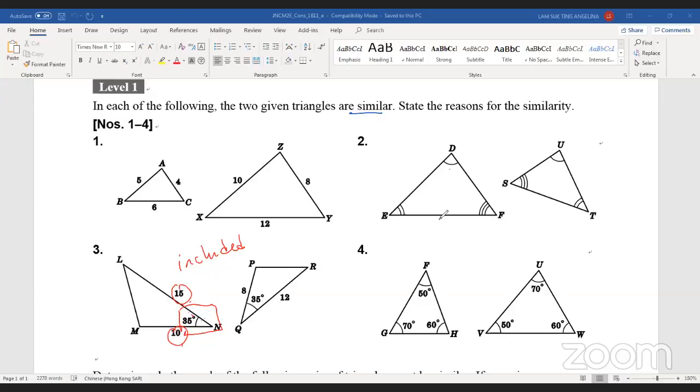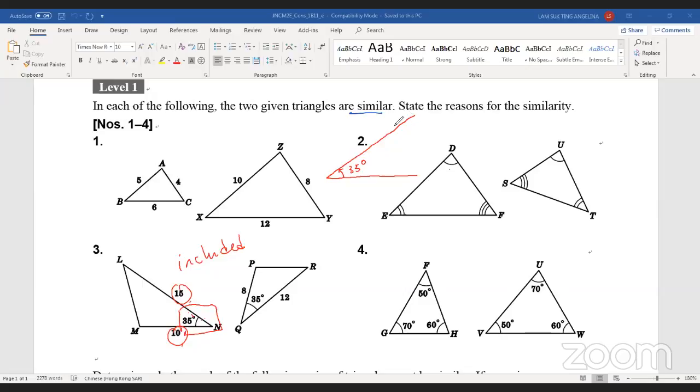Now think carefully. When I draw the triangle, I mark one side here like that, and then I need to have 35 degrees, right? And then I need to have another length like that.